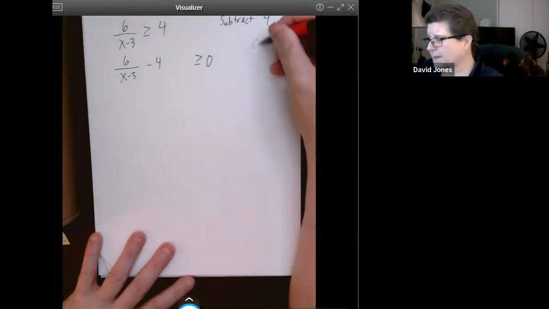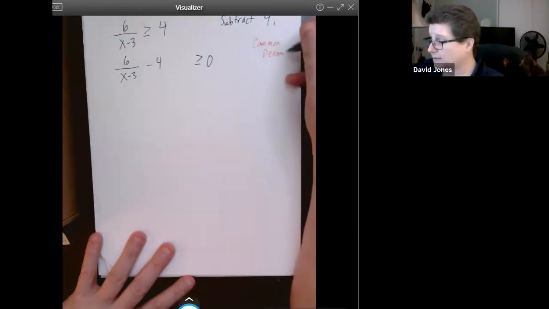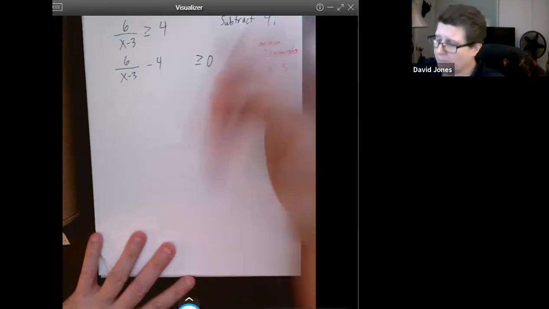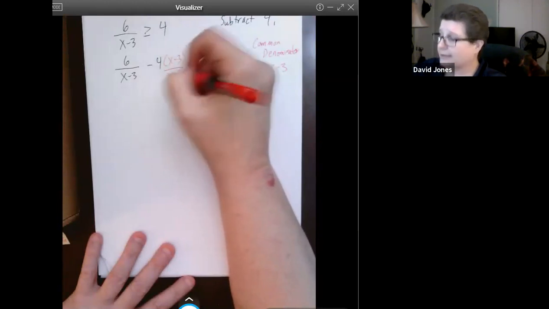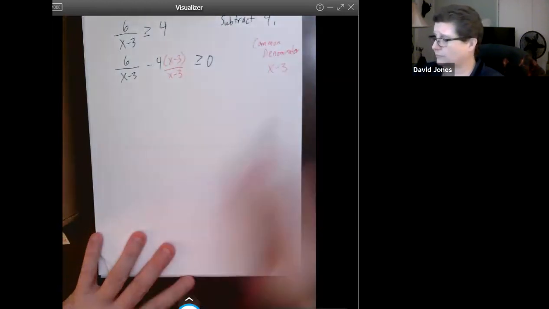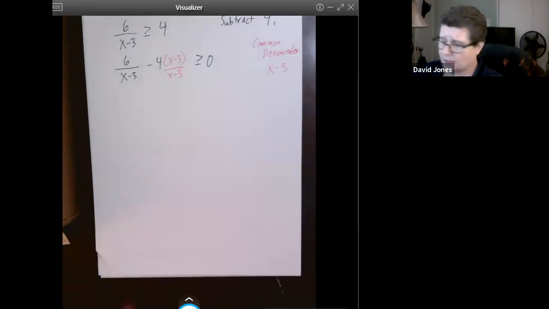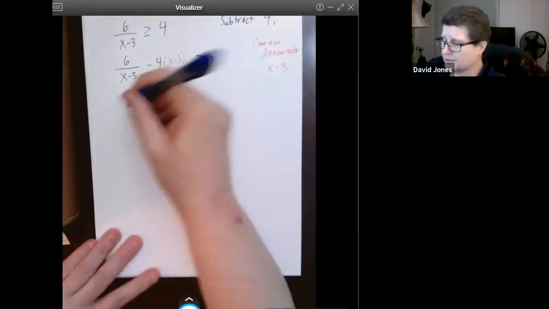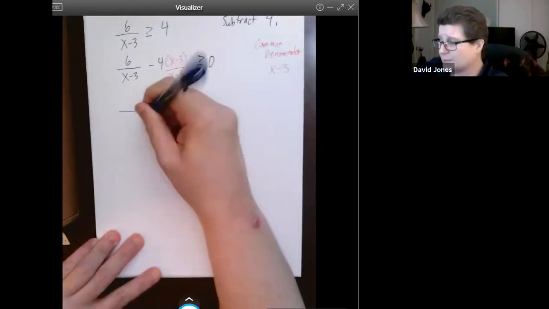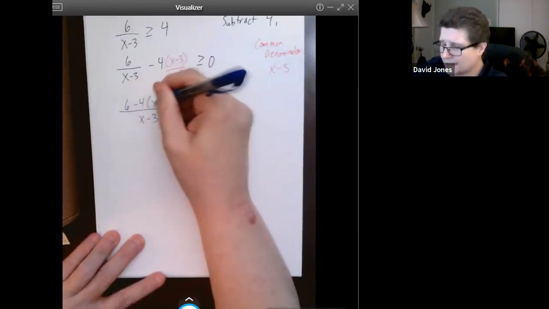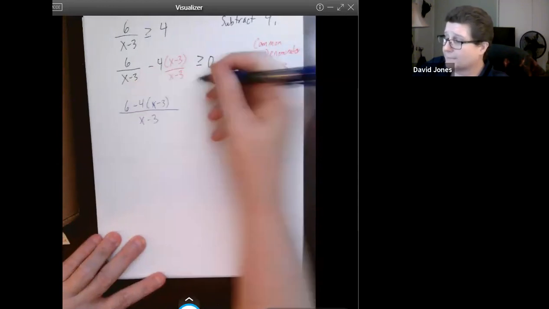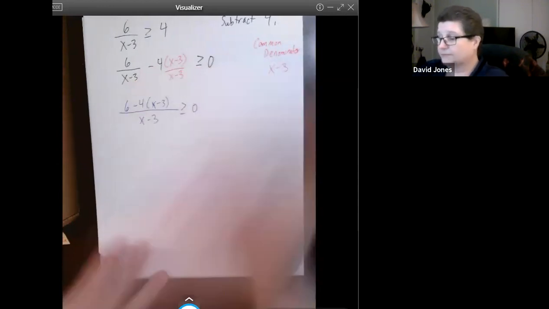The common denominator is the only denominator here, x minus 3. So I'm going to multiply negative 4 by x minus 3 over x minus 3. This becomes one big fraction with x minus 3 on the bottom, 6 minus 4 times x minus 3 on top, greater than or equal to 0.